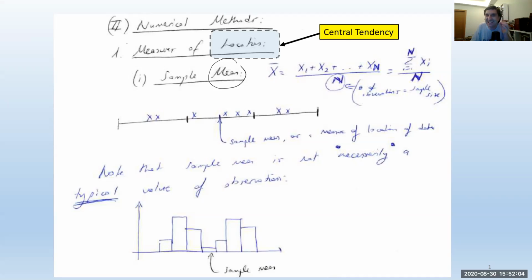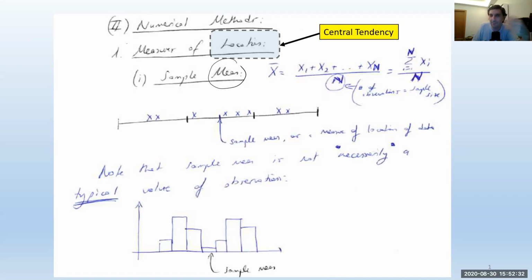But we need a single value to measure its location. You can take, for instance, the part of the dragon which has the highest mass. That may be one measure of location. Or the part of the dragon which has a uniform and large mass for a region. You can call it the location of the whole dragon.